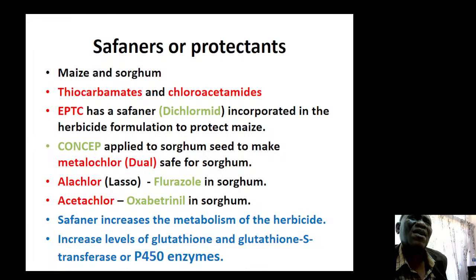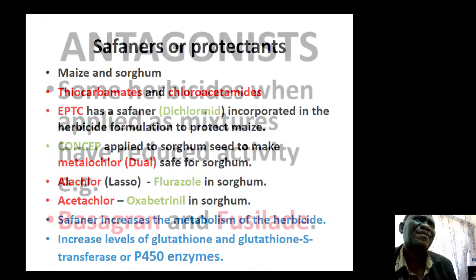Acetochlor, oxabetrinil, which protect sorghum. So safeners can increase the metabolism of herbicides. They can increase levels of glutathione and glutathione S-transferase, or even P450 enzymes, so that herbicide degradation is fast in order to give protection.